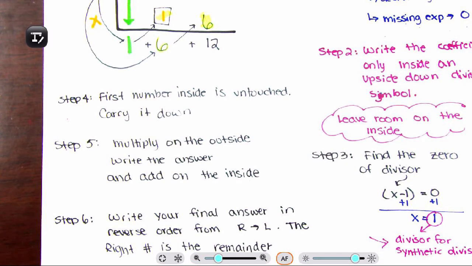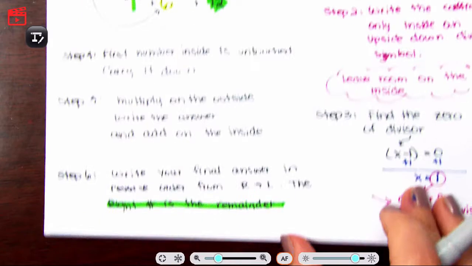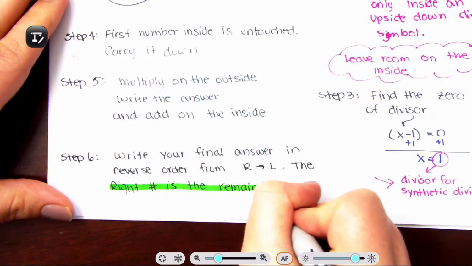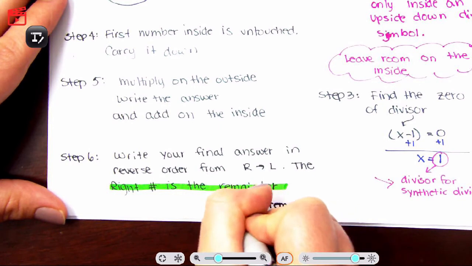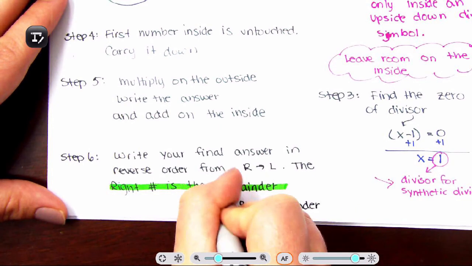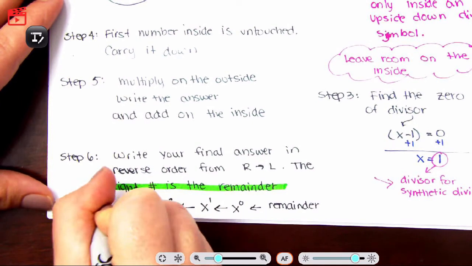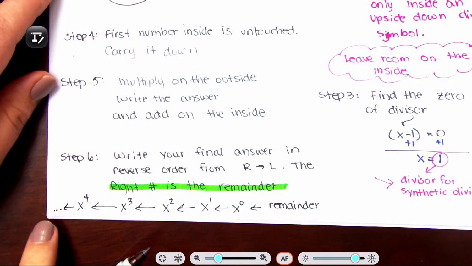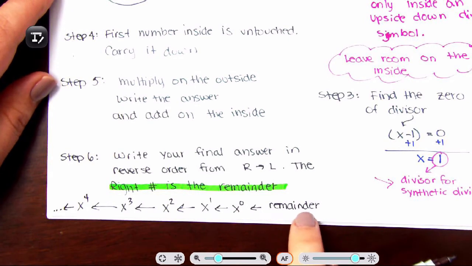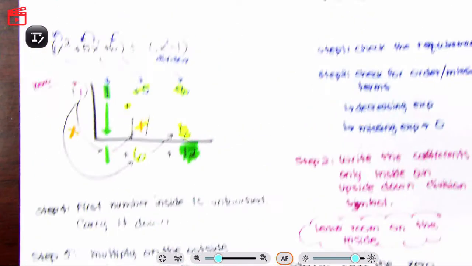It's super important that you know this: the number on the right is the remainder. So you're going to have the remainder, then x to the 0 power, x to the first power, x squared, x cubed, x fourth, and so on. You're going to work backwards from right to left, with the right always being your remainder. Now, how do we write the remainder? You're going to write the remainder as a fraction.